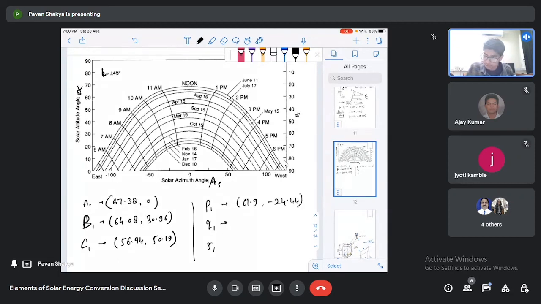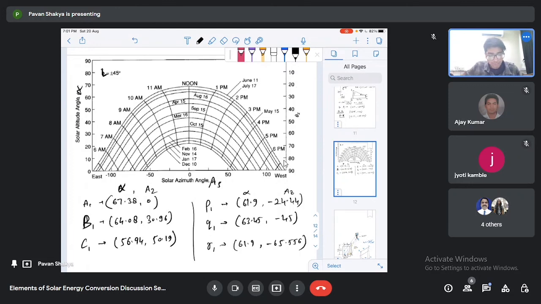For Q1 it will be 63.45, minus 45. For R1 61.9, minus 65.556. Okay, so the first one is our alpha angle, and the second one is our azimuth angle.